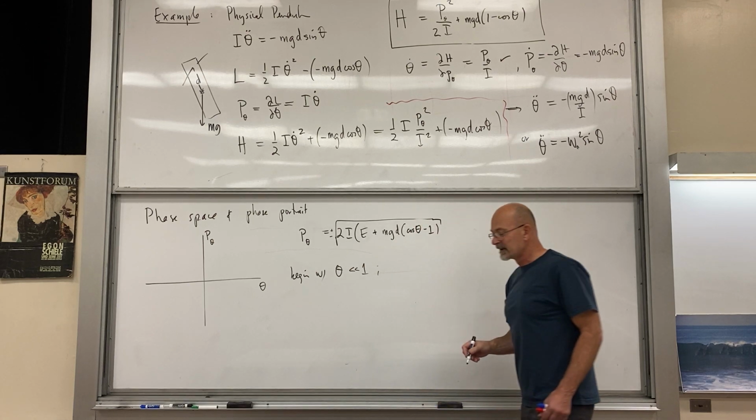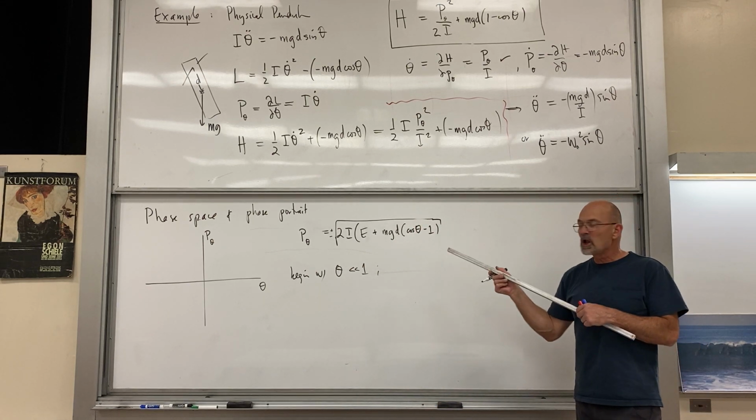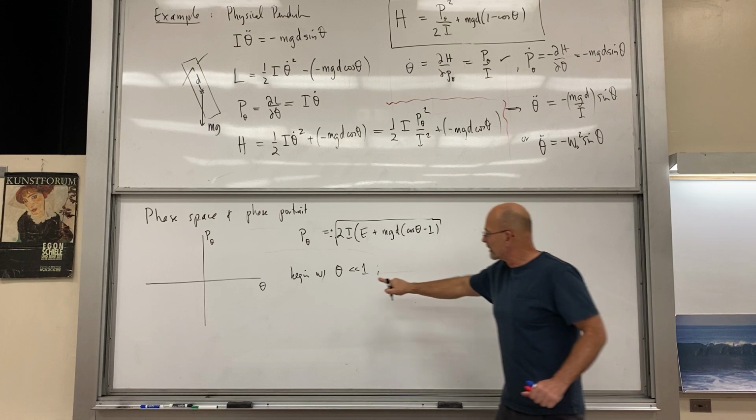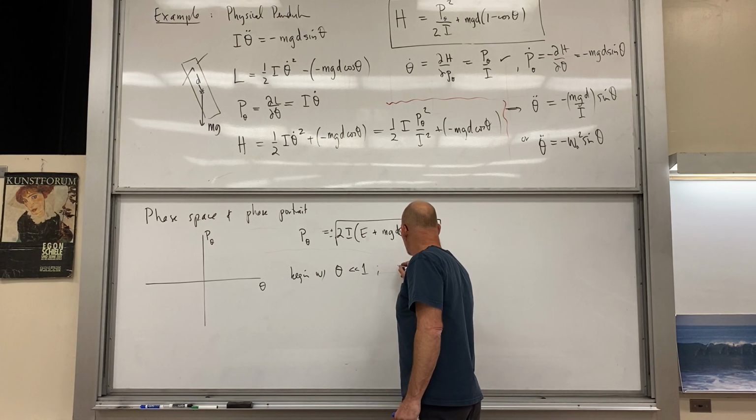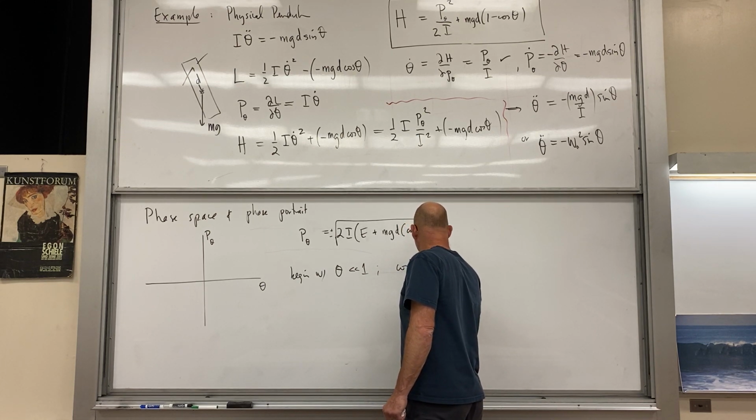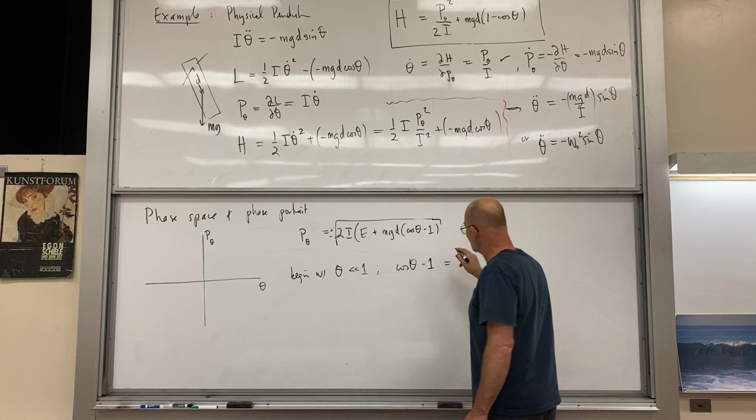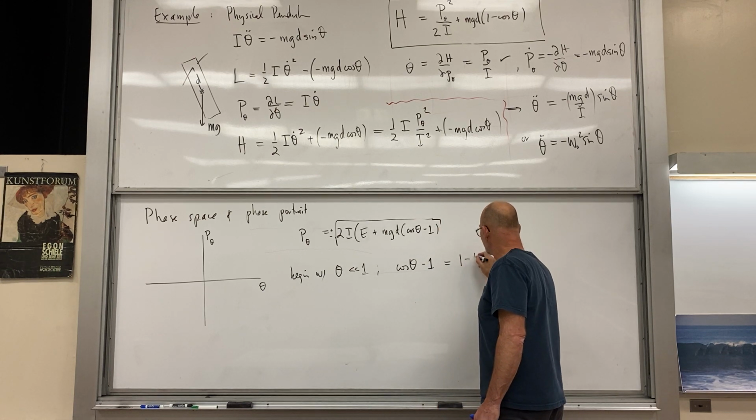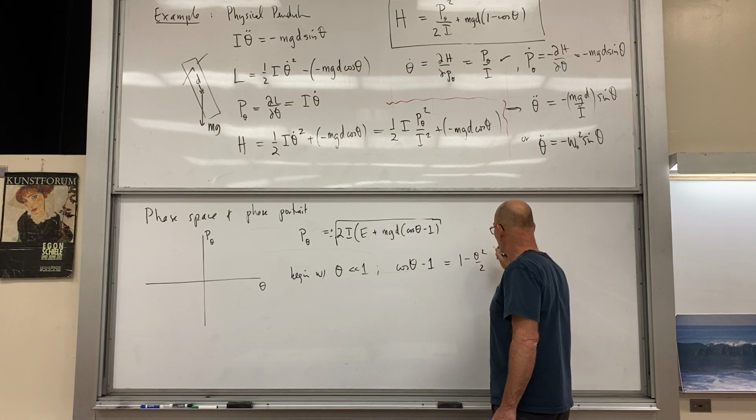Okay, there we go. So what about the small oscillations? For theta much less than 1, cos theta minus 1 is equal to minus theta squared over 2.